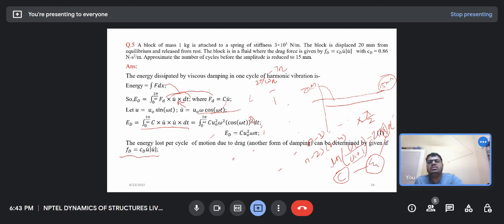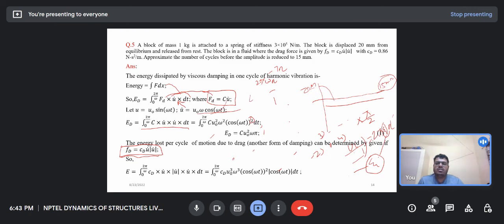In the first case you considered F_d equal to c u dot. Now in the place of c u dot, you use this one, and nothing else is needed. If you consider this, my equation will become this. This is my F_d, and this is the previous part.